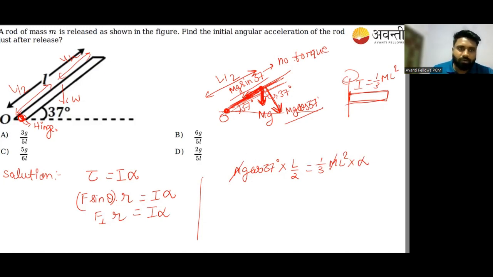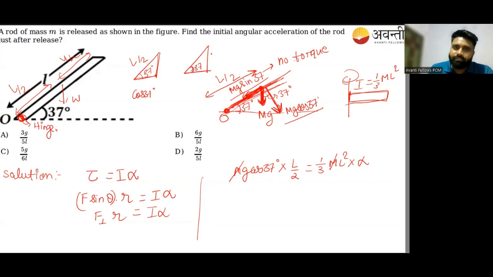Now, in this triangle you will see this length is L by 2, and this angle is 37. So what is the value of cos 37? You must be aware of that triangle in which this 37 is the minimum angle.